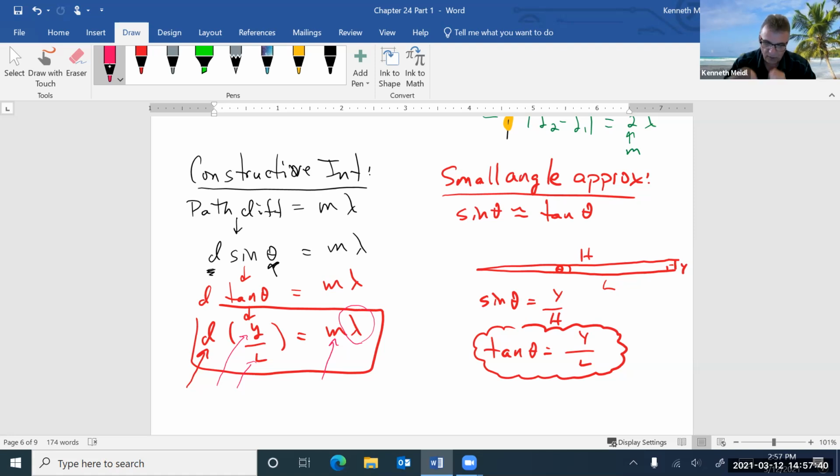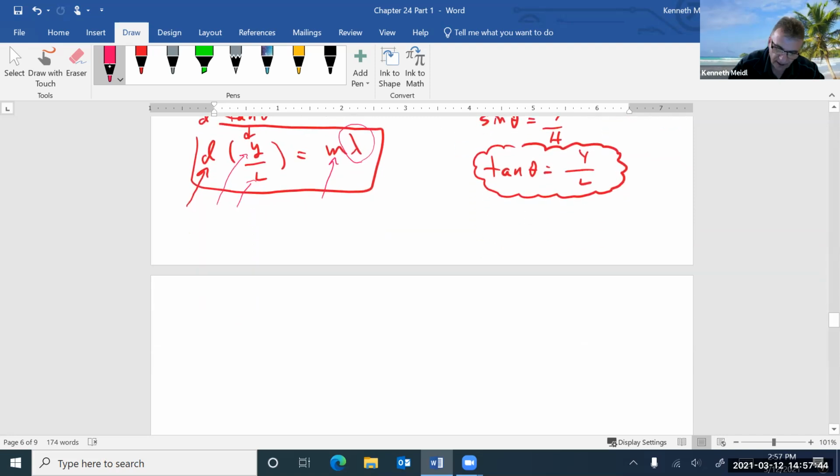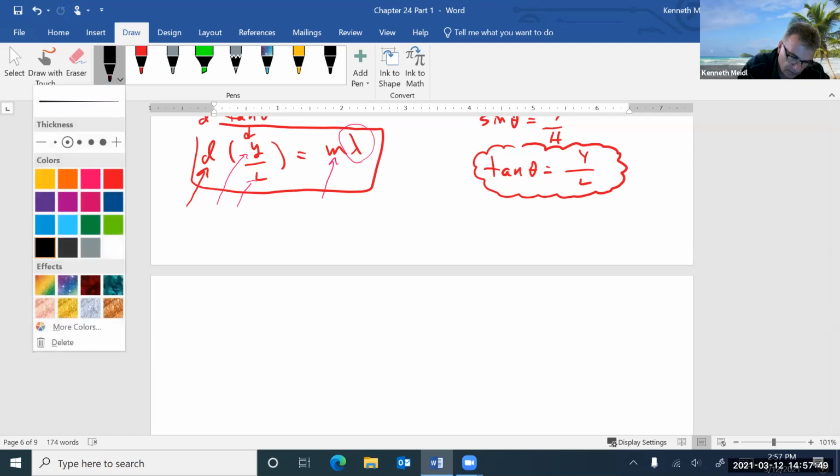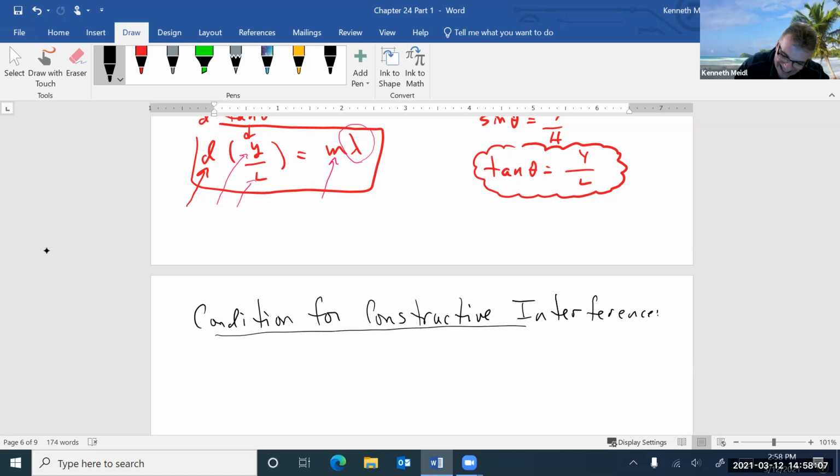And so what we've got here is the condition for constructive interference. The 2 waves have to be traveling and landing in that spot in sync.